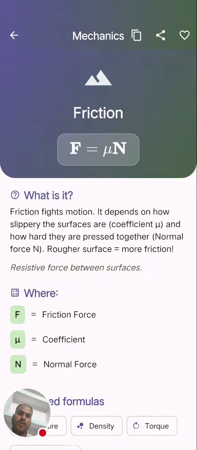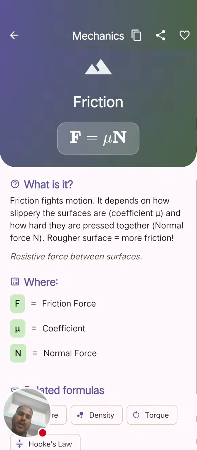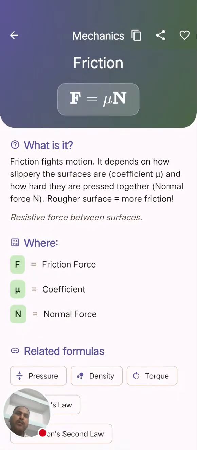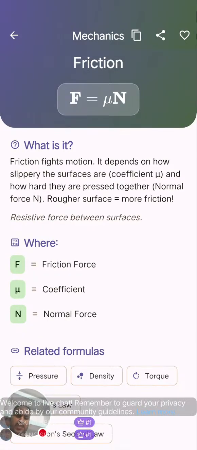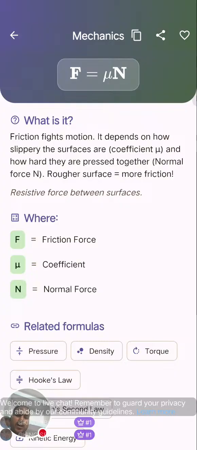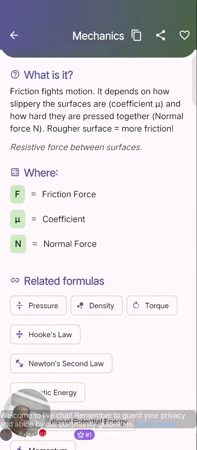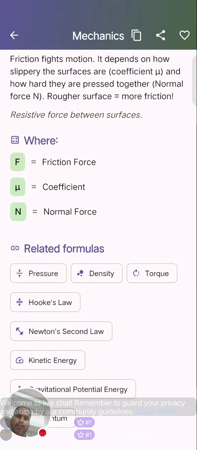Rough surface means more friction. Here F stands for the friction force, mu stands for the coefficient, and N stands for the normal force.